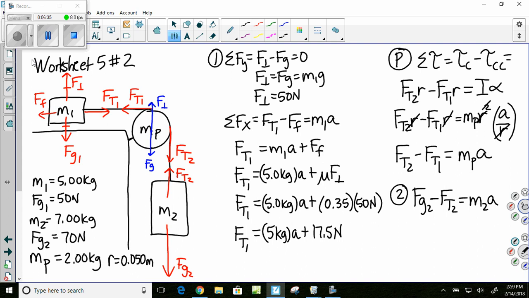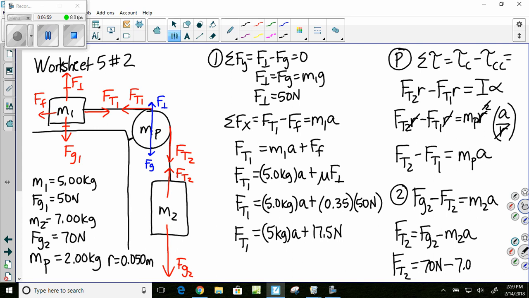You may have to practice this if you're having trouble with the algebra. So Ft2 is equal to Fg2, which happens to be 70 newtons, minus m2a, which is 7 kilograms times a.